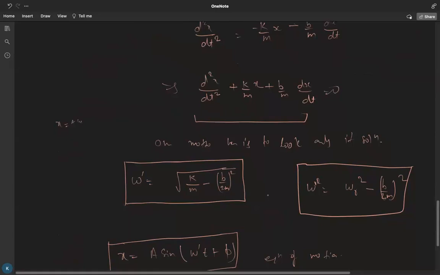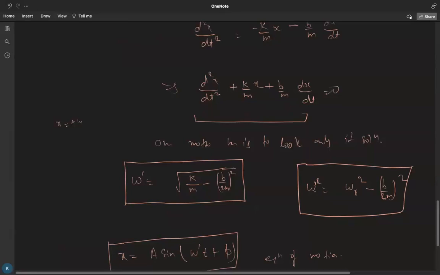And again, I am here telling you the main thing. When you go to college, you learn how to solve this differential equation. Actually, we have to take the trial solution. In this case, we have x equal to a e to the power i alpha. Basically, you have to take the trial solution and solve this. On solving, you get relations between the omega in case of damping and the natural frequency.